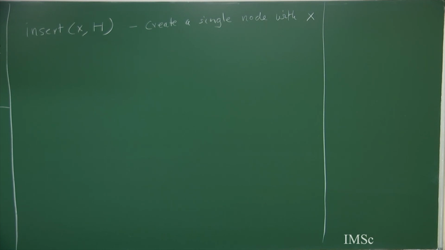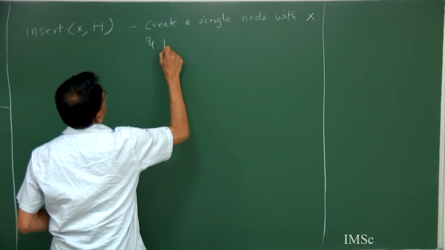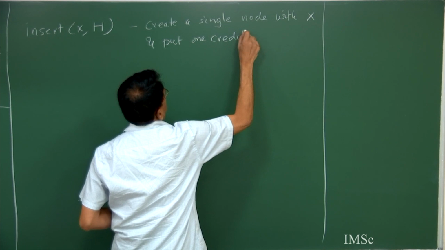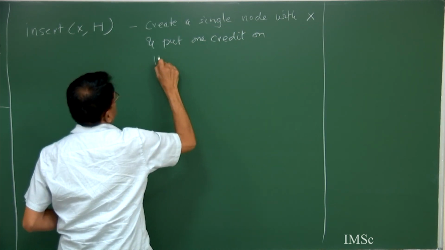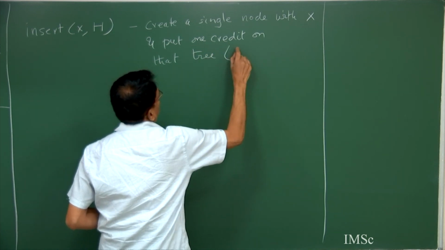But to facilitate that, I'm going to put a credit on that node, on that tree, which is basically a one node tree.